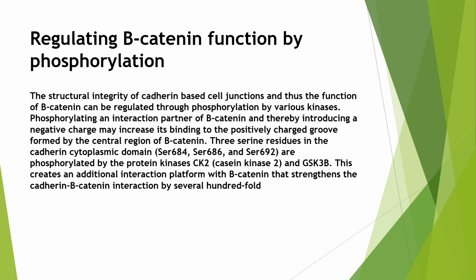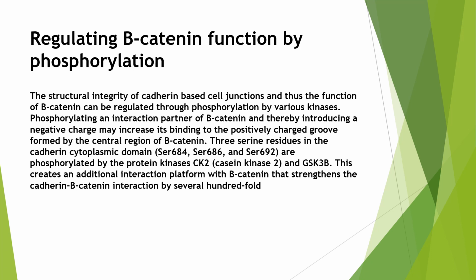Regulating beta-catenin function by phosphorylation. The structural integrity of catenin-based cell junctions, and thus the function of beta-catenin, can be regulated through phosphorylation by various kinases.